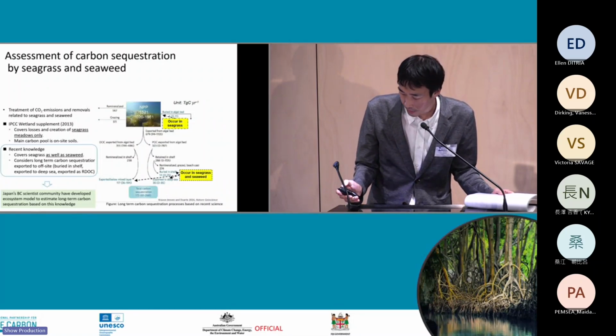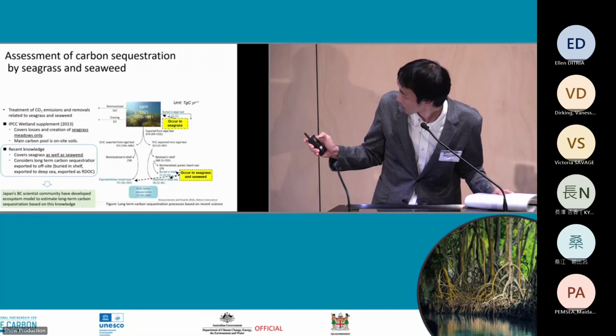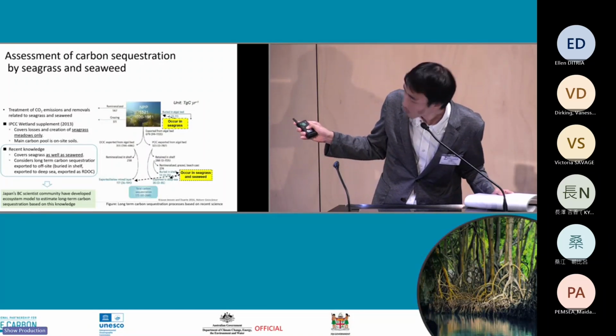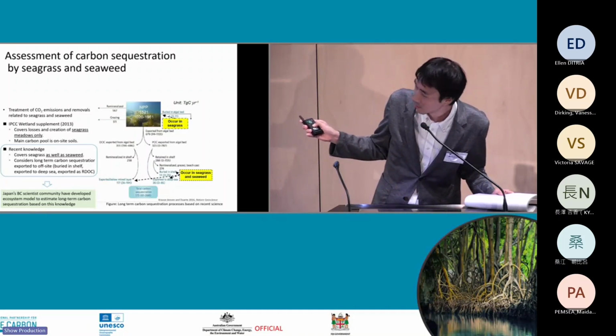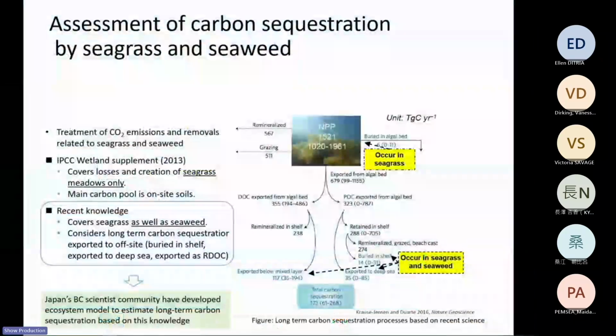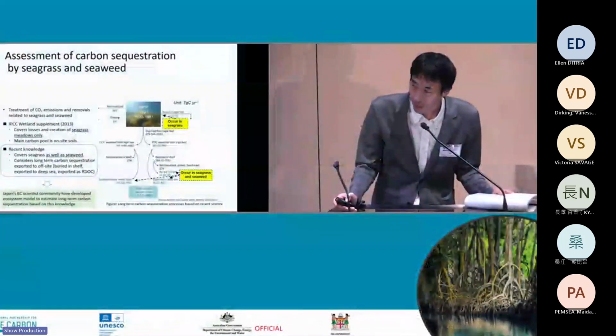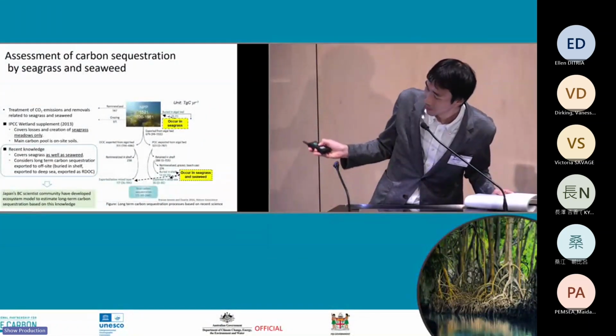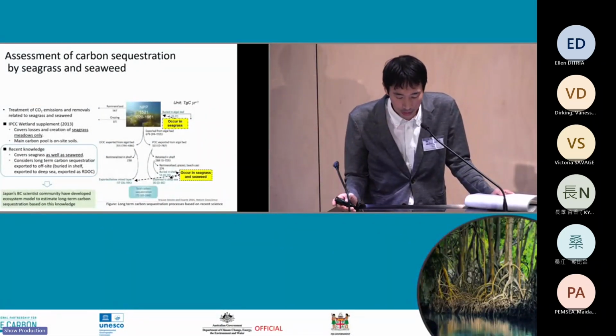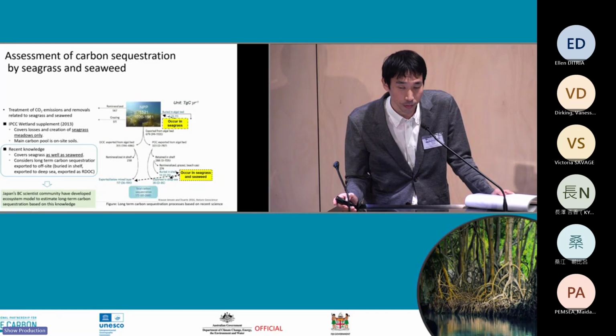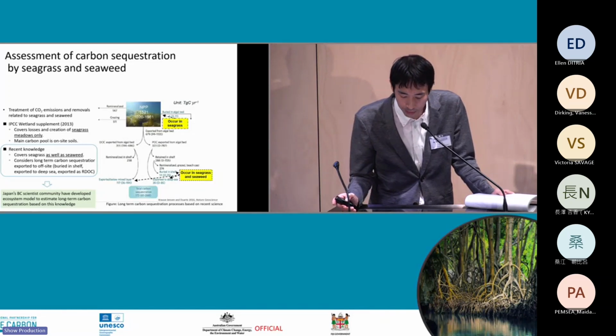One process is on-site sequestration in the sediment, which is led by the root system of seagrass. However, in seaweed, we have another 3 routes to sequester carbon dioxide.